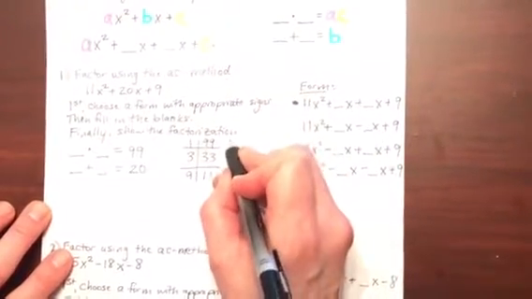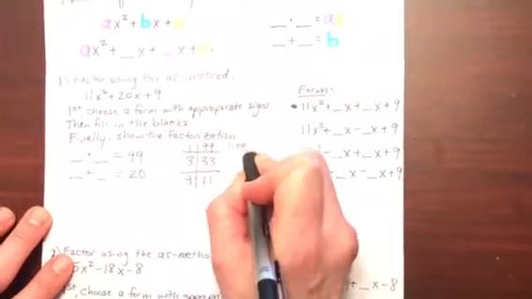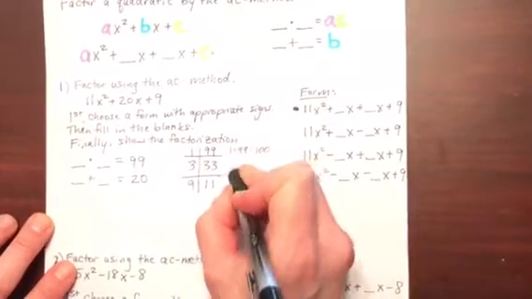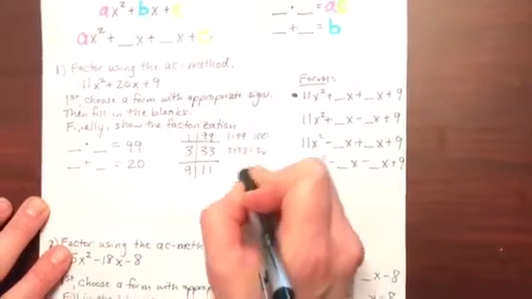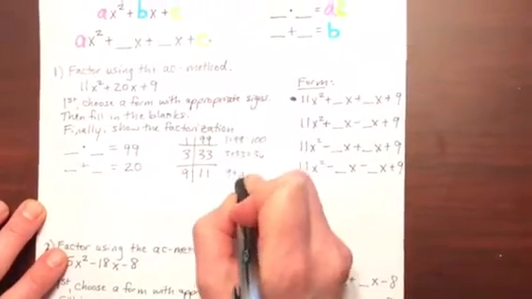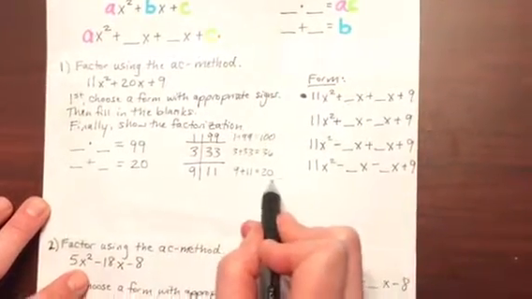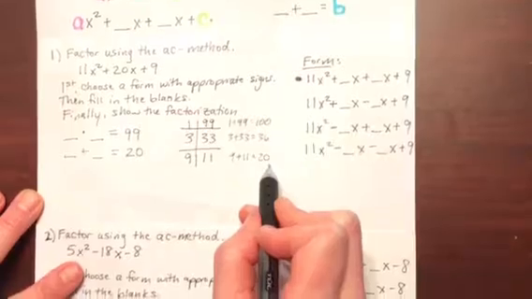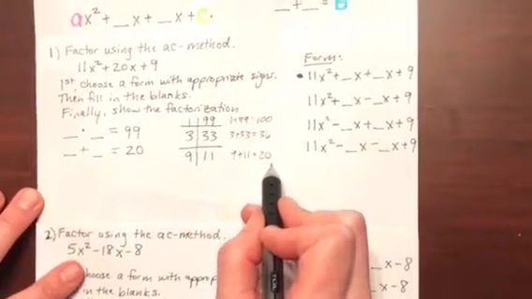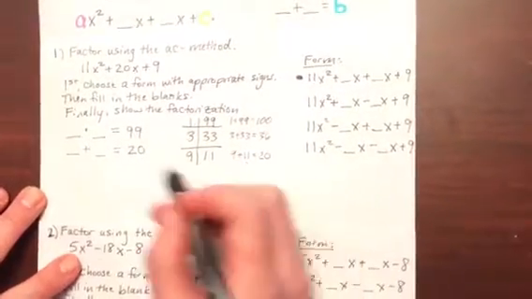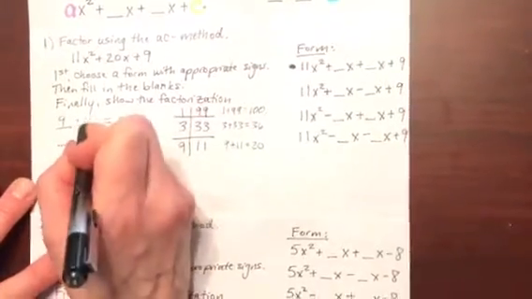So 1 plus 99 would be 100. 3 plus 33 would be 36. And 9 plus 11 would be 20. And so it looks like that final combination is the combination that we want. So we will use the numbers 9 and 11.